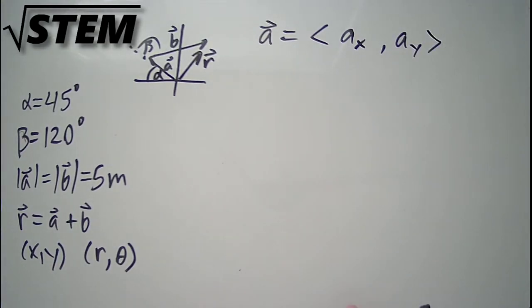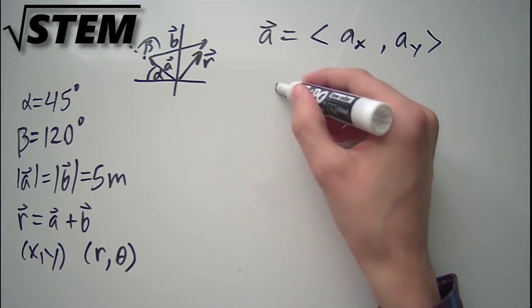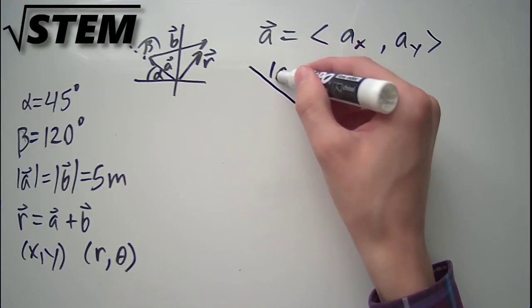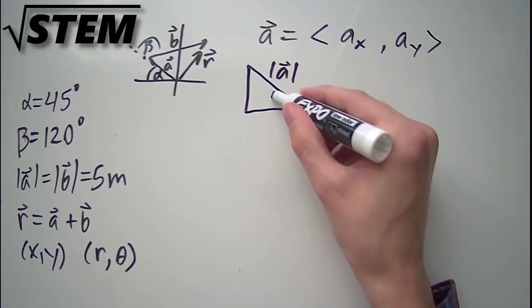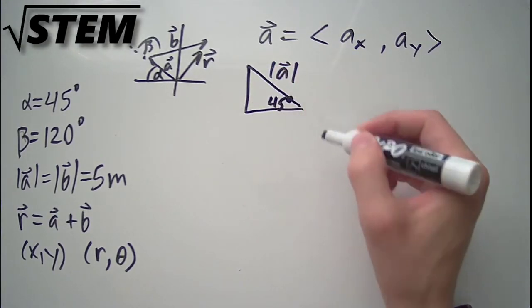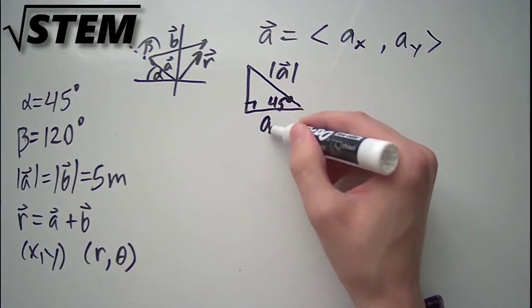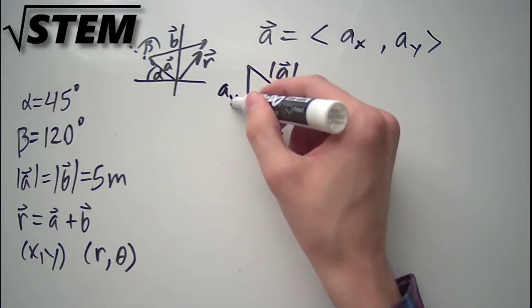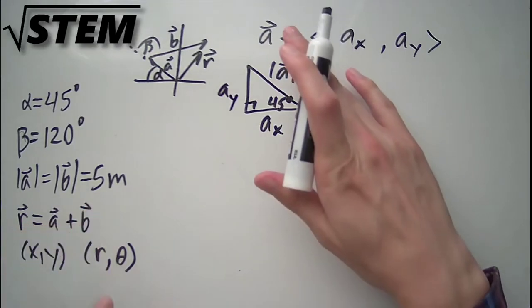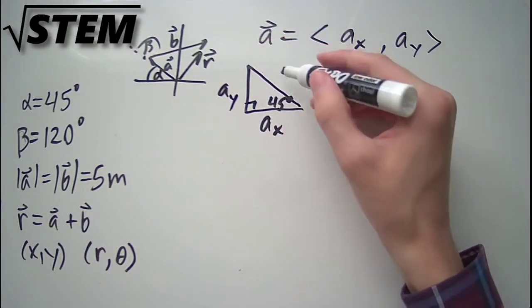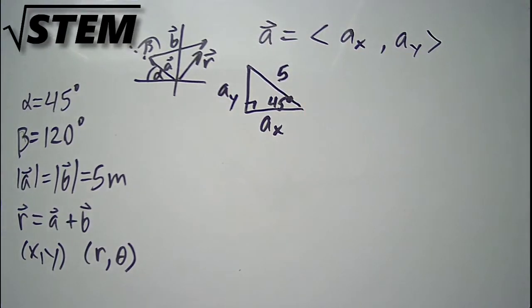Why don't we draw a triangle to represent this, where this is the magnitude of A, this is our angle alpha, which is 45 degrees, then we'll have Ax and Ay over here. Now we can put in that the magnitude of A is 5.